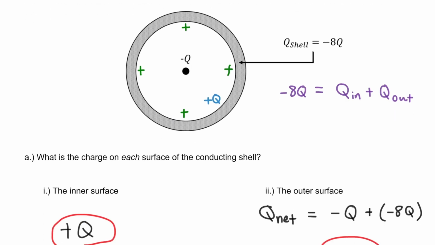And we were guaranteed, due to the electric field being zero in the conductor, that the inner surface had to have been given plus q already in order to shield the inside of the conductor from the effects of the minus q inside. So we can see that I just subtract a q from both sides, and I would get the q of the outer shell would in fact be negative 8 minus 1, which makes negative 9q.